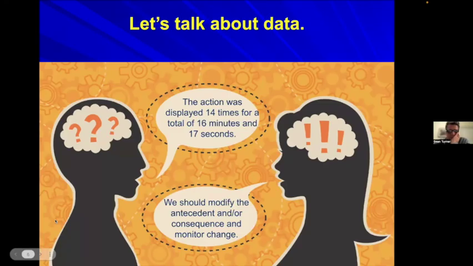Something just came up. A number of things are coming up here. We'd like to minimize the behavior of a student that elopes, referring to leaving an area, elopes from his seat often to obtain reinforcers, and we'll discuss those terms.